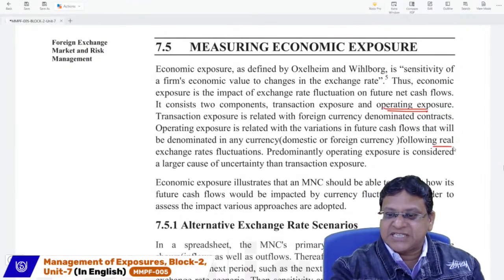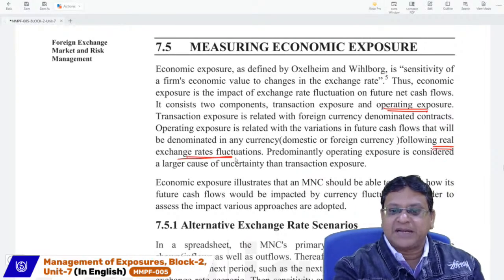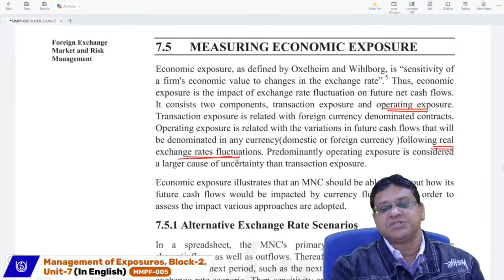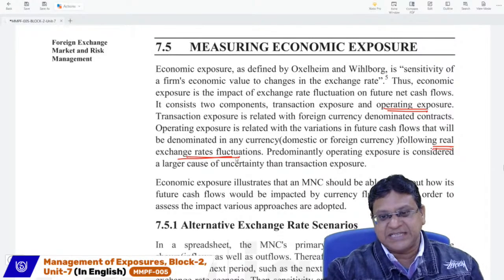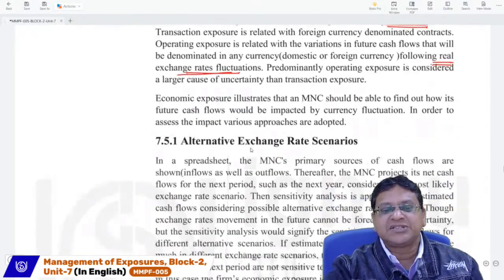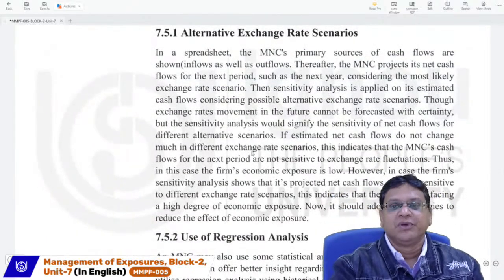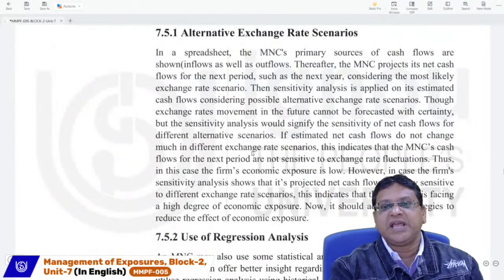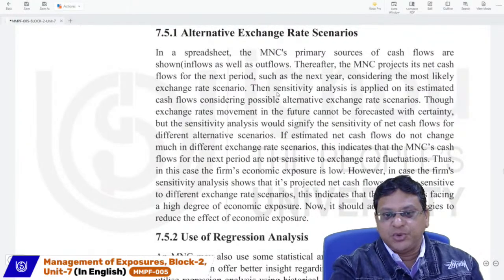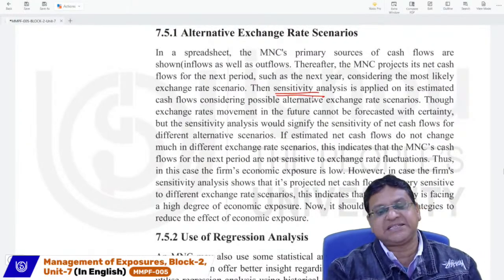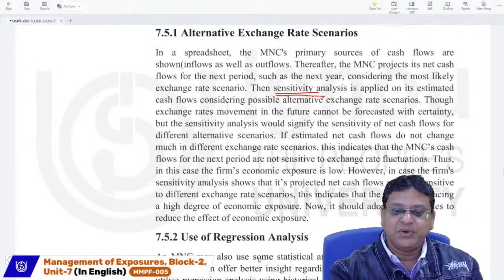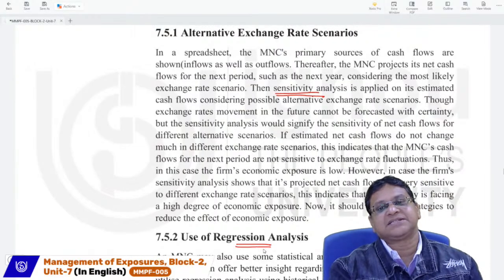So the real exchange rate fluctuation impacts the competitiveness of the business. In order to manage this, we have to take some serious steps. First, we have to measure it. We can measure it with the help of two techniques: either sensitivity analysis or regression analysis.